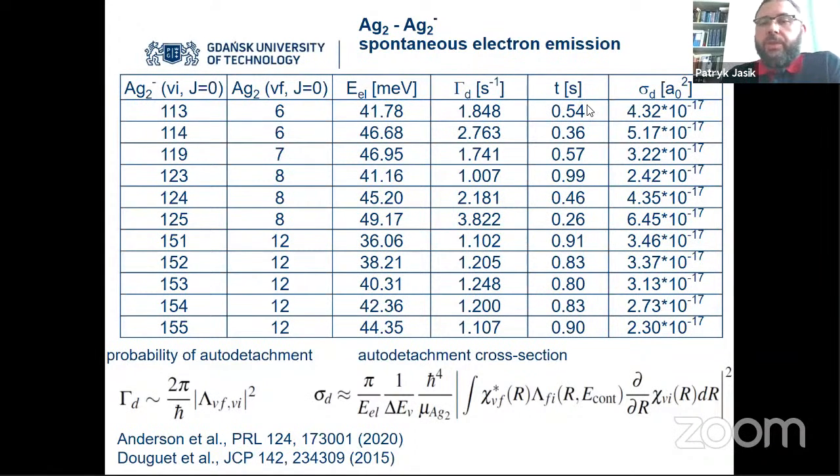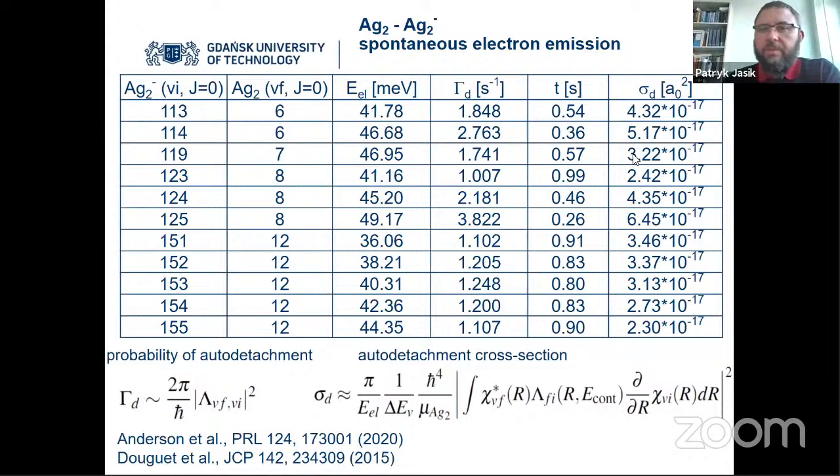You can see that the lifetimes are quite large. It is seconds, and of course we observed that sometimes this process could take hours, because of the weak couplings between these potentials.